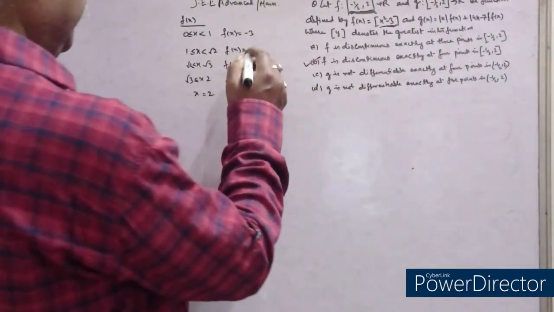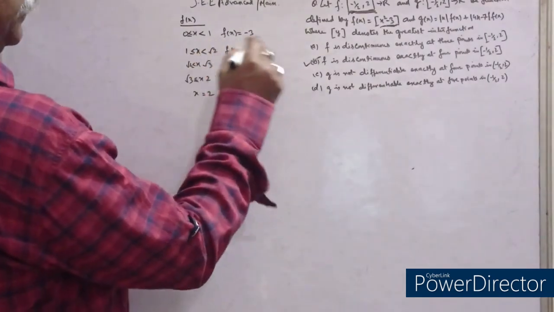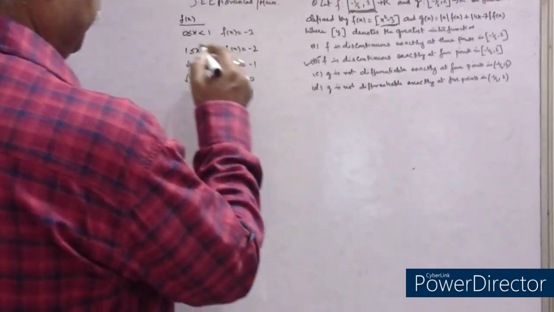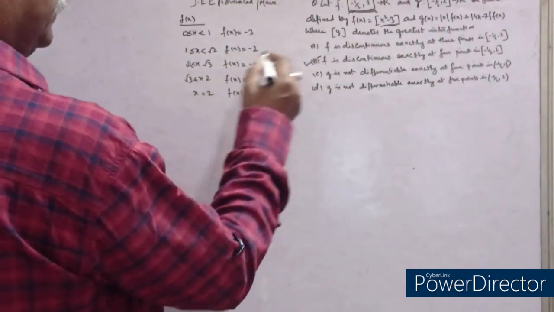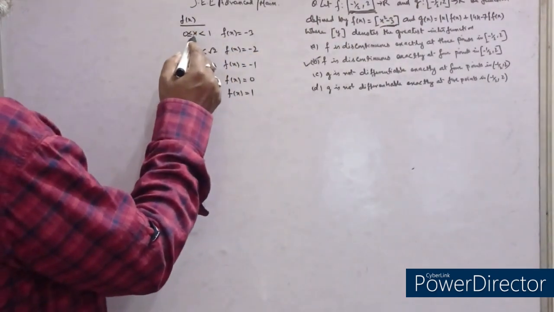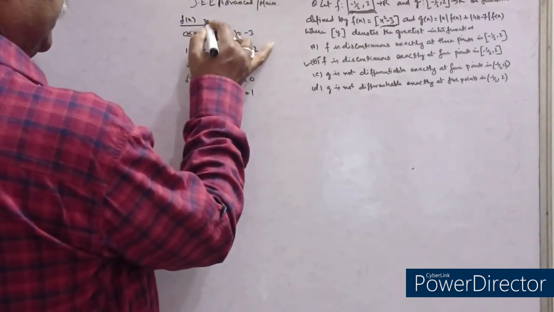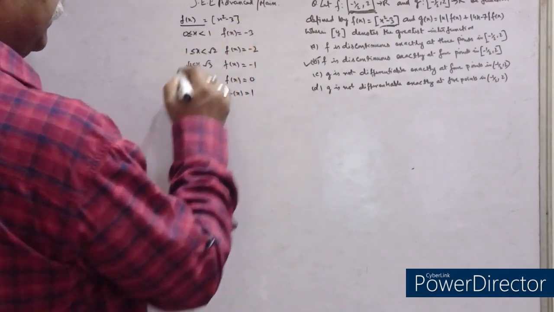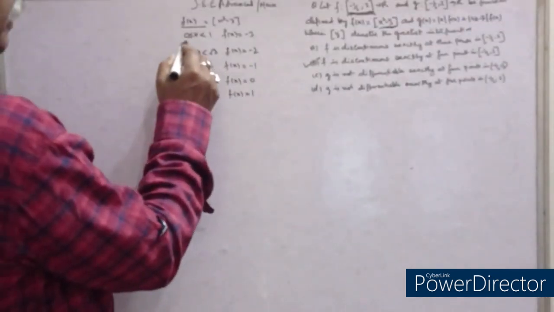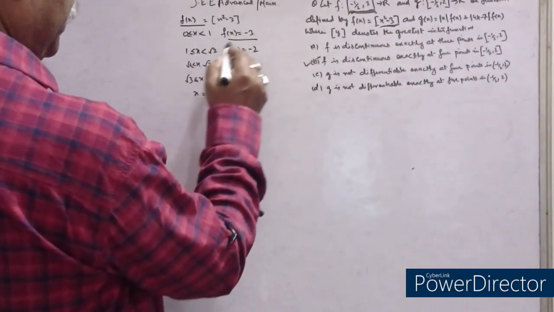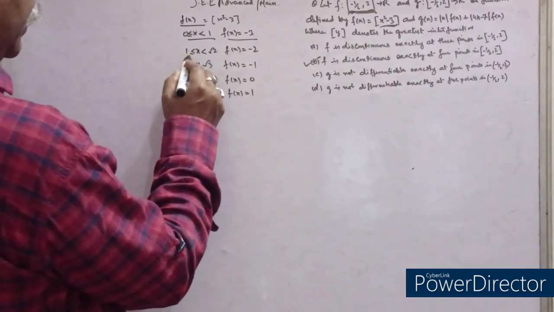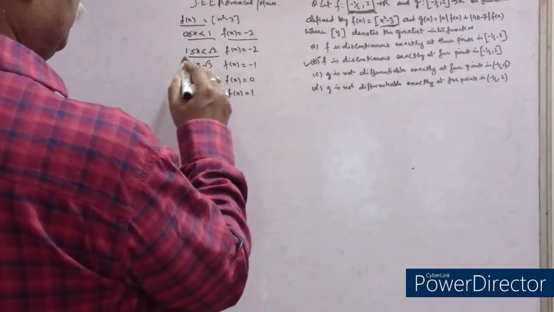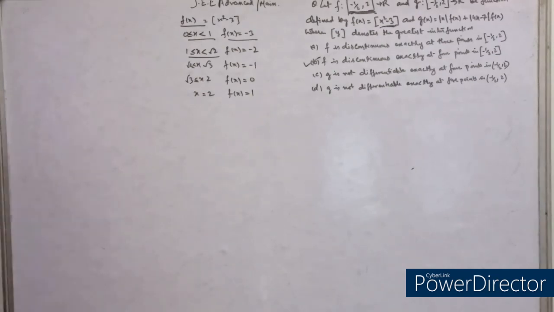Now what I have done is that for the first question I have written it for you. Your f(x) was the greatest integer function of x² minus 3. For x from 0 up to 1, f(x) is minus 3. For x greater than or equal to 1 and less than root 2, f(x) is minus 2.